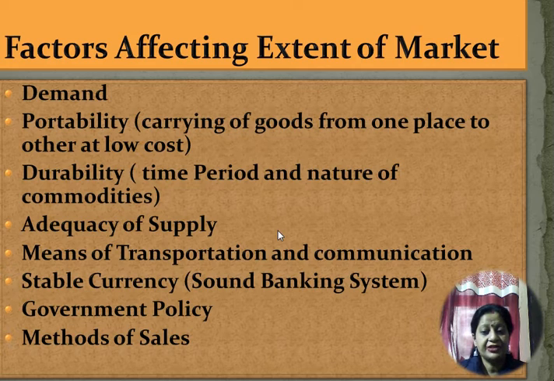Means of transportation and communication. That means what is the means of transportation that the seller is using for making the commodity available in the market. For example, if you are having your warehouse 5 kilometers away from the market, then what are the means of transportation and communication you are using to make the commodity available in the market?